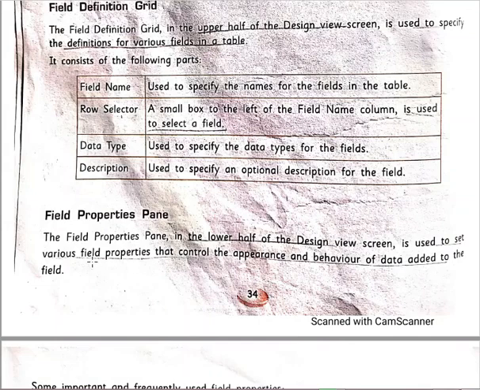It is used to set various field properties, which control the appearance and behavior of the data. We can see the properties of the field, and they control how the data will appear on the screen and the behavior of the data added to the field. So these two have different functions.